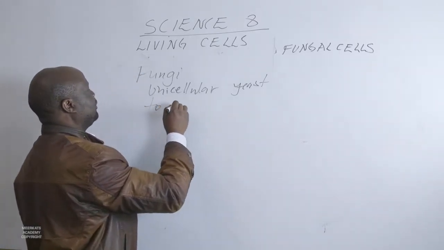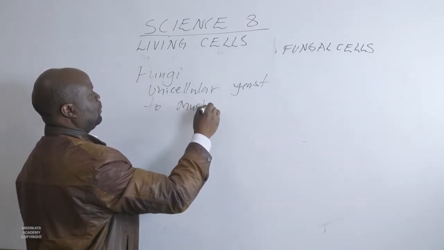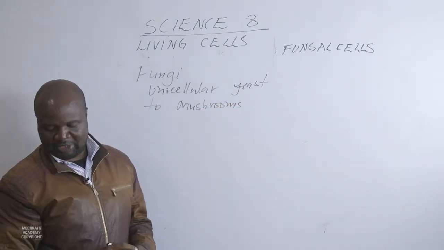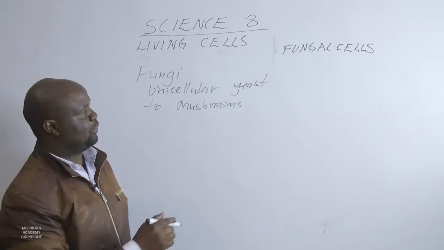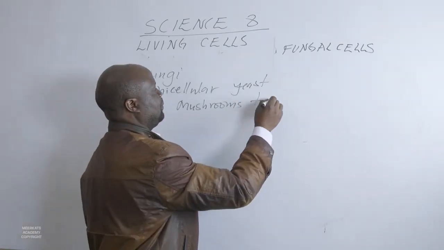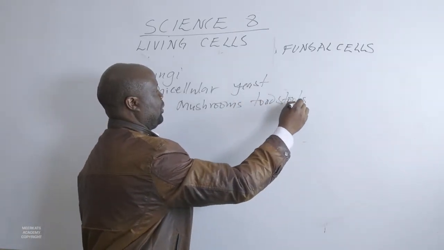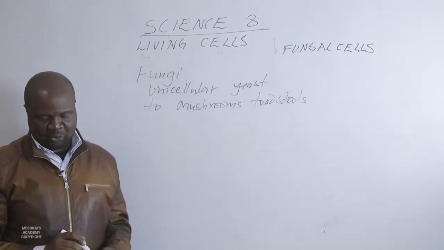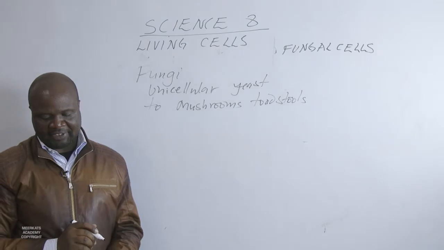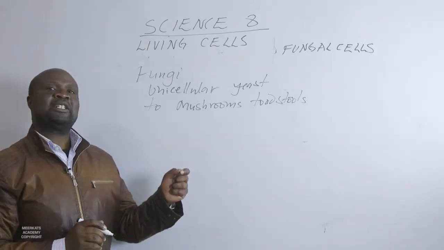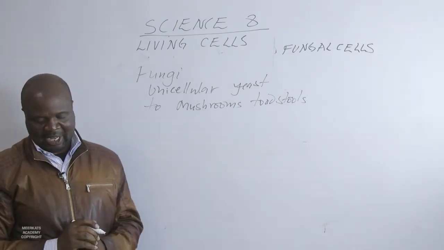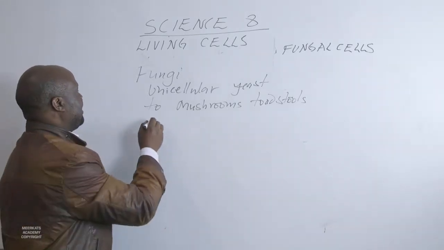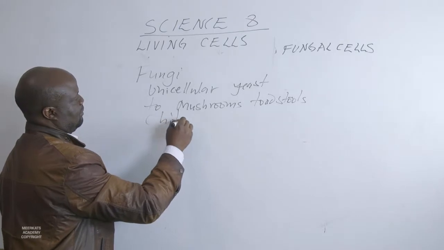Mushrooms are bigger, you can see them with your naked eye, like toadstools. Like plants, the fungi cell has a cell wall. It is made up not of cellulose, but of chitin.